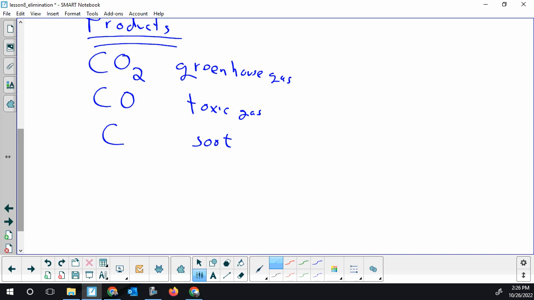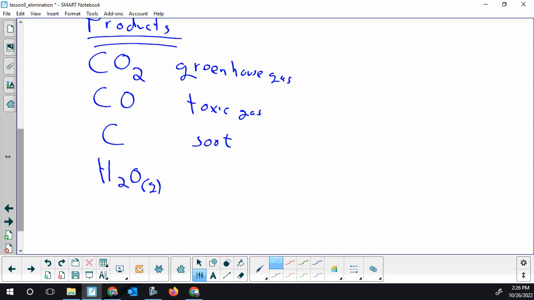It's a problem in some cities around the world, in China, Mexico City, Los Angeles, more so in the past. Your last product is just water vapor. So that's not an environmental concern. So that's the combustion.